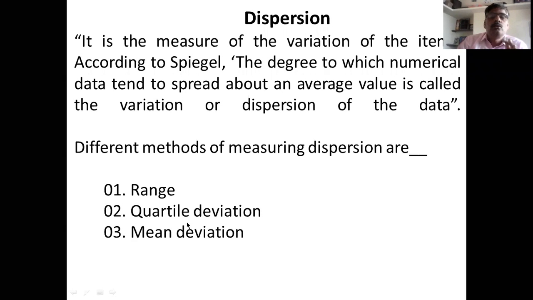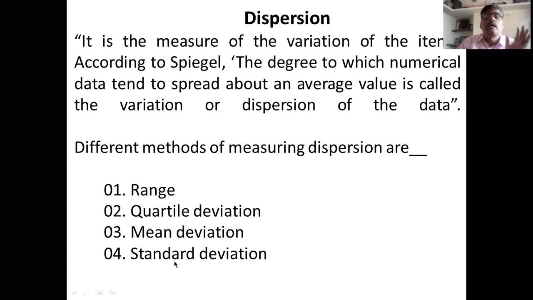I'll go stepwise, you don't worry. And fourth is standard deviation. Standard deviation is the square root value. Okay, there are four methods of dispersion. I'll take one by one.